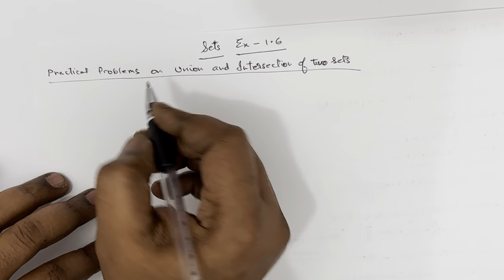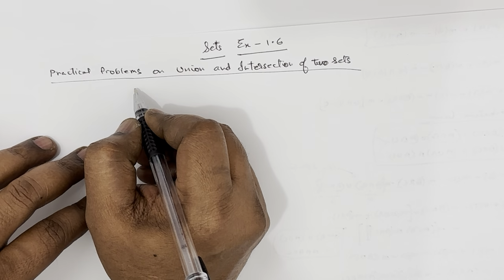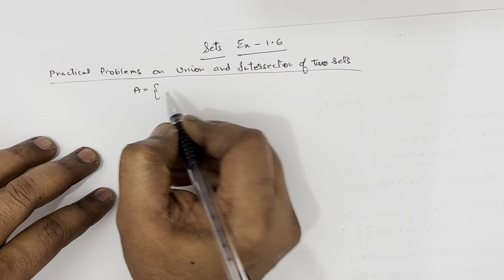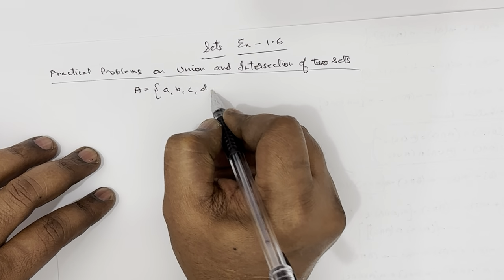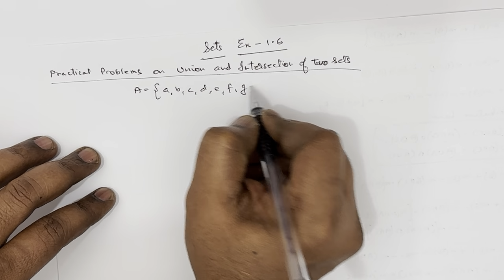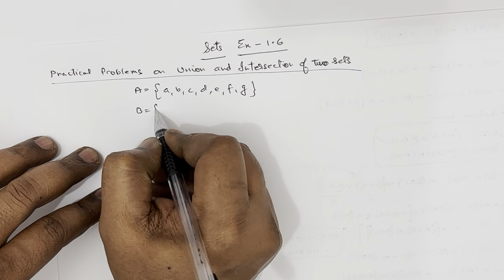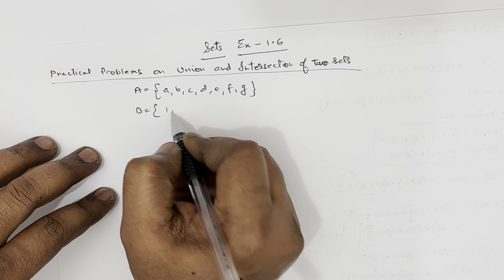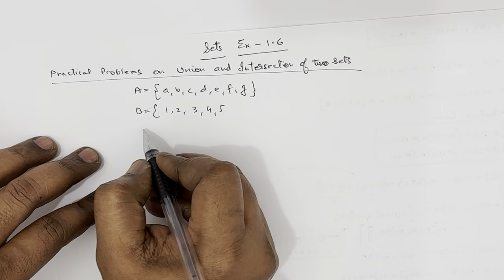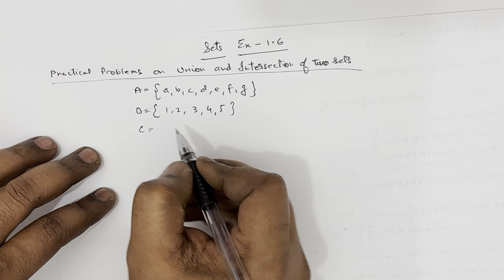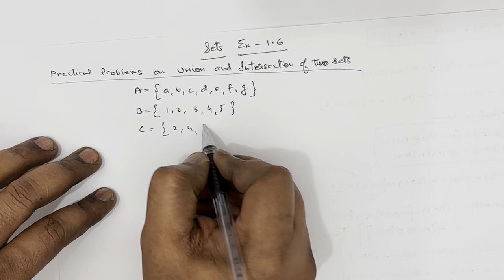Now see, we have learned that if A equals a set, say a b c d e f g, and if B equals, say, 1 2 3 4 5, and if C equals, say, 2 4 6 8.